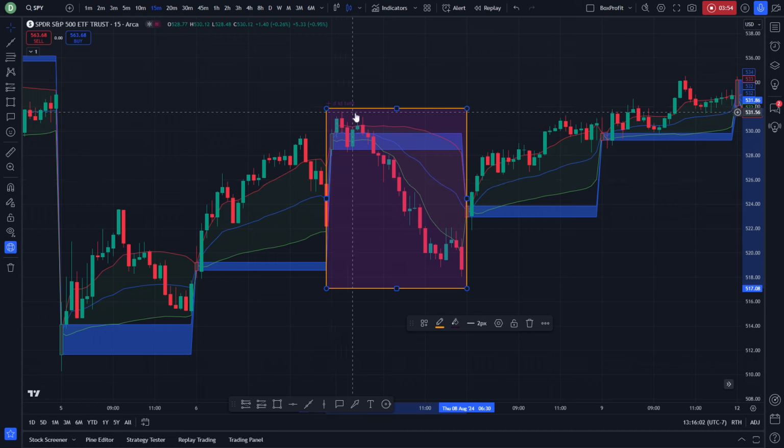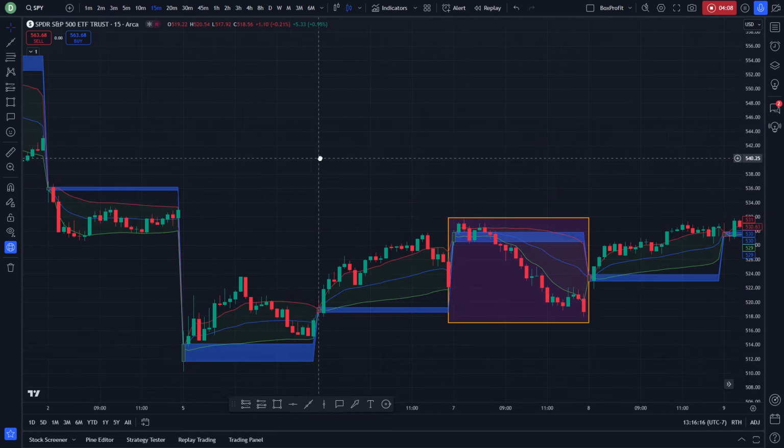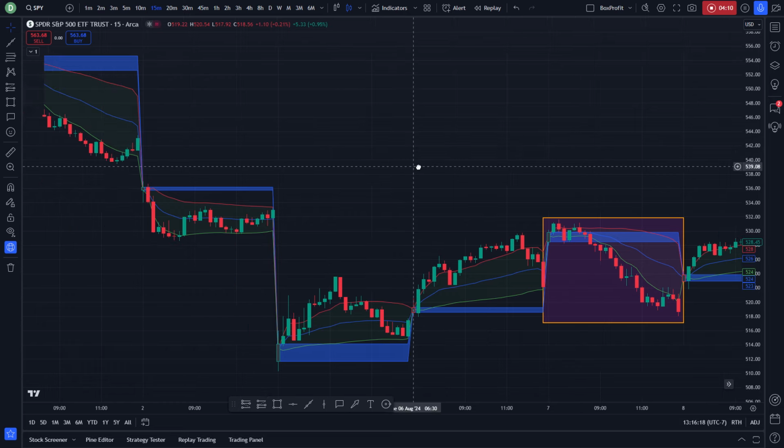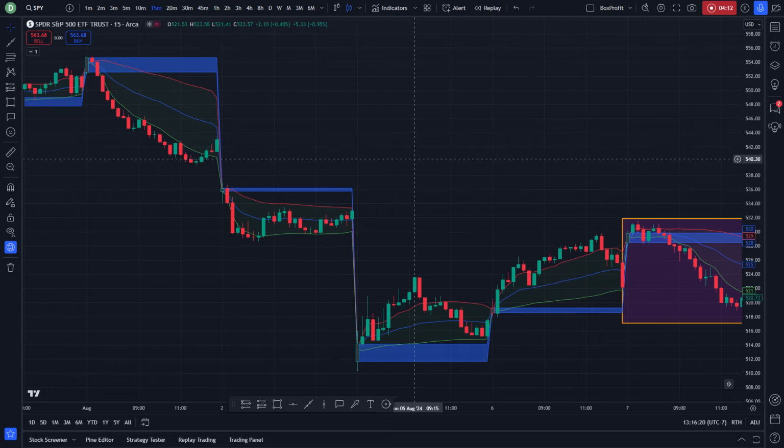I will tell you how you can identify this false consolidation, or false breakout, of the open range breakout, and be able to make the right decision based on what you see.